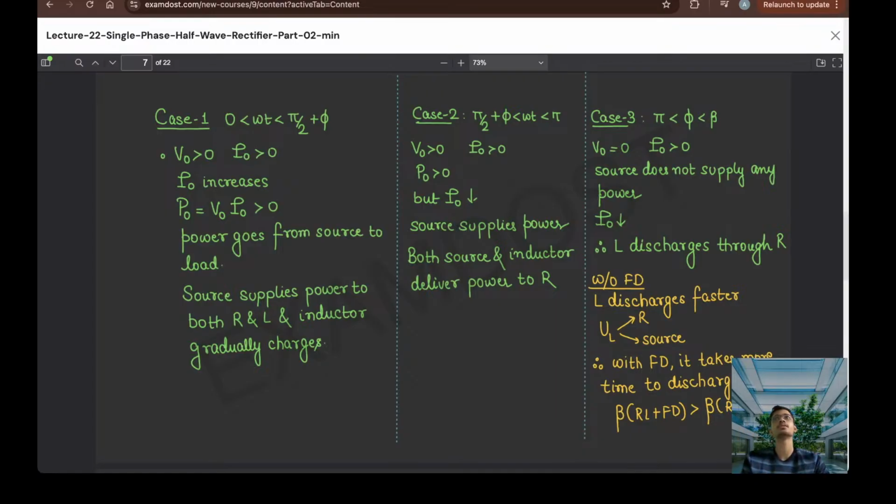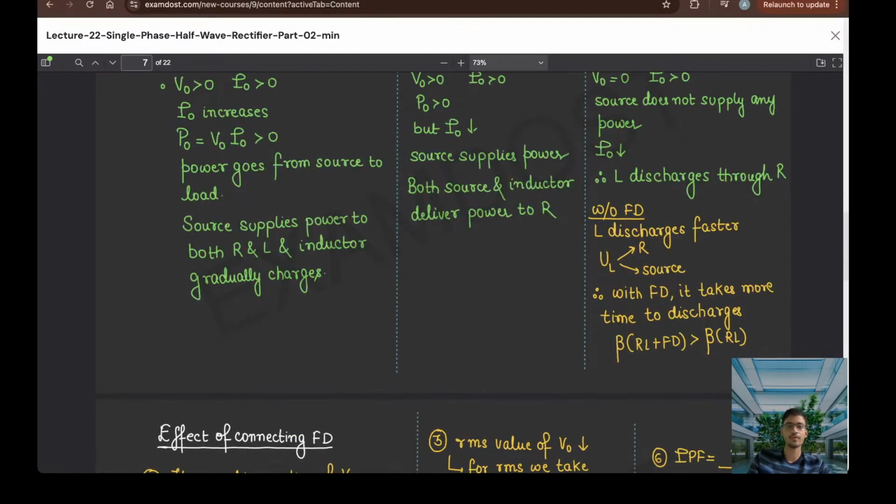And from pi to beta, you can see that I0 is decreasing and V0 is negative, so the source is not supplying. The inductor discharges through R, like the inductor is supplying to the R. Without the freewheeling diode, the inductor discharges faster.